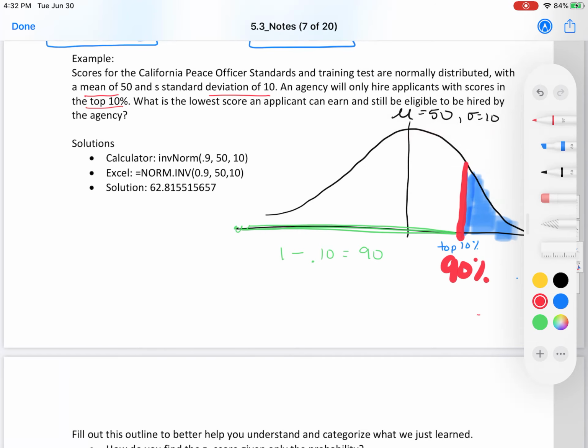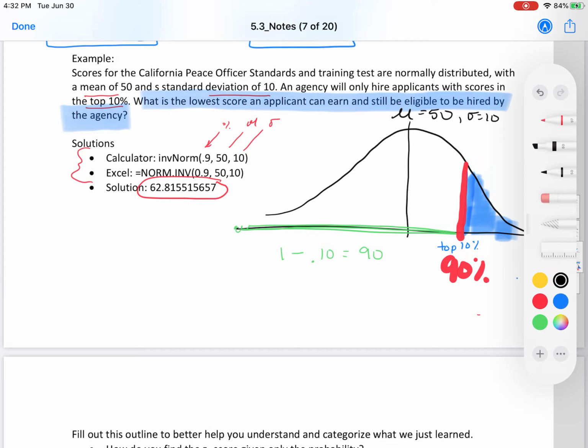All right, so this is the way you can enter it into your technology. You enter your percent, followed by your mean, and then your standard deviation. And that's going to give you the value that corresponds to that. So your solution is 62.81. So what are we saying? What is the lowest score an applicant can earn and still be eligible to be hired by the agency?